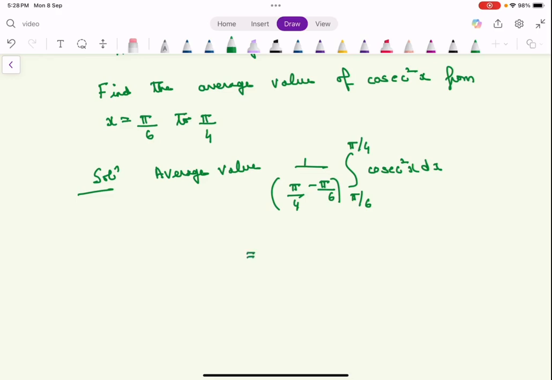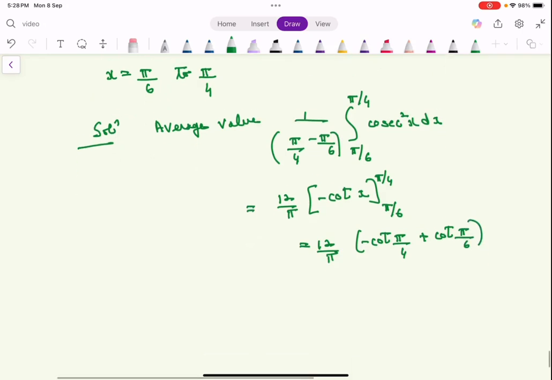When you simplify this, you get it as 12 by pi. And what is integral of cosec squared x? It is minus cot x within the limits pi by 6 to pi by 4. So when you simplify, you get 12 by pi minus cot pi by 4 plus cot pi by 6.